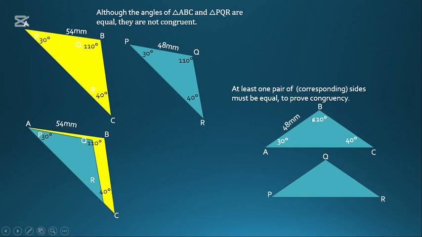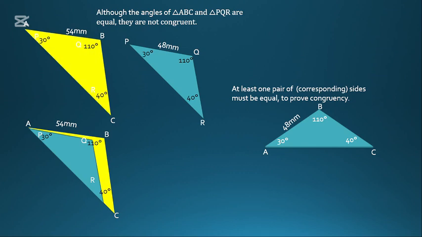Now in this triangle ABC, this side is 48 millimeters, and this triangle QPR is a copy of that one. So this side is also 48 millimeters, and this angle is 110, that one is 30, and that one is 40, and it will be a perfect match.